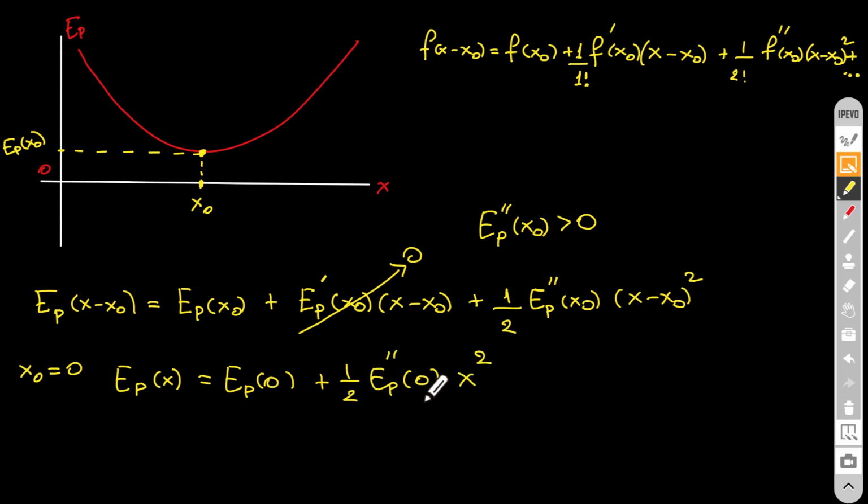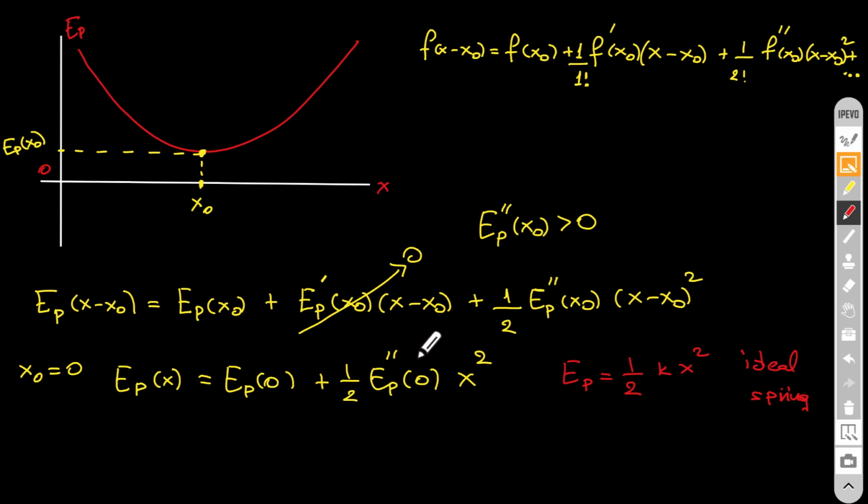Where we have seen this in introductory physics is when we talked about the potential energy of a spring. If you use the ideal spring model, then the potential energy of an ideal spring is 1/2 k x squared, where x is the stretch or the compression.